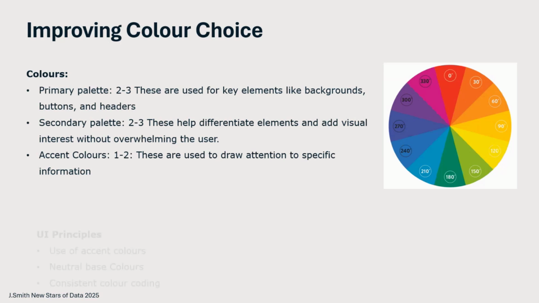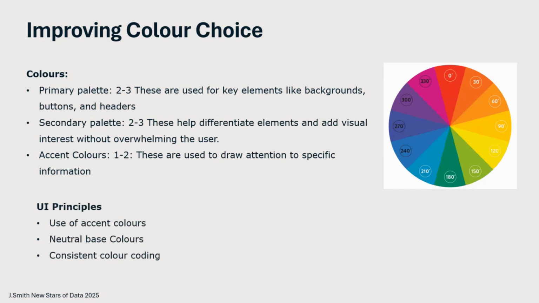In terms of UI principles that will help us improve our color choice, first of all, use of accent colors. Accent colors help draw attention to key metrics or data points without overwhelming our users. So we have to limit the use of bold and vibrant colors to emphasize only important elements. If we overuse these colors, it will dilute their impact.